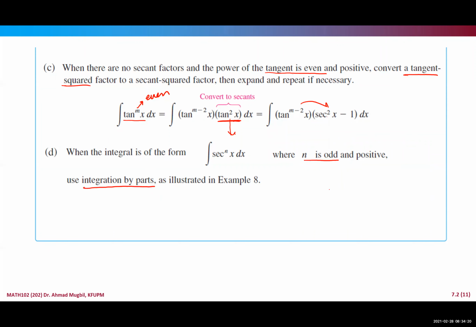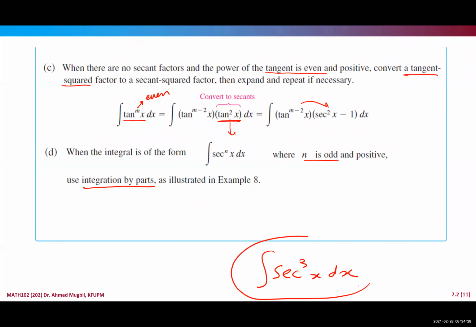Do you remember this example from section 7.1? Secant x dx. How do we integrate this? We did it by parts. It is the best way to apply for this. We will repeat it today, inshallah.